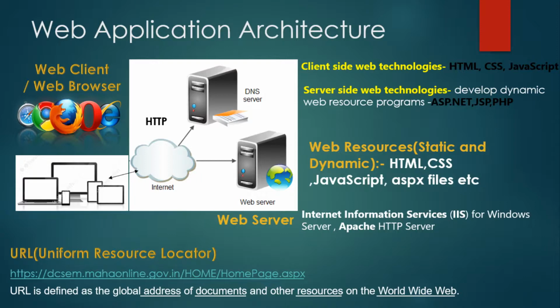That's why we can say HTTP is stateless, only request and response happen. The web client makes a web resource request through HTTP, and the web server gives the HTTP response, and all communication is done. It doesn't maintain any state about any particular client.